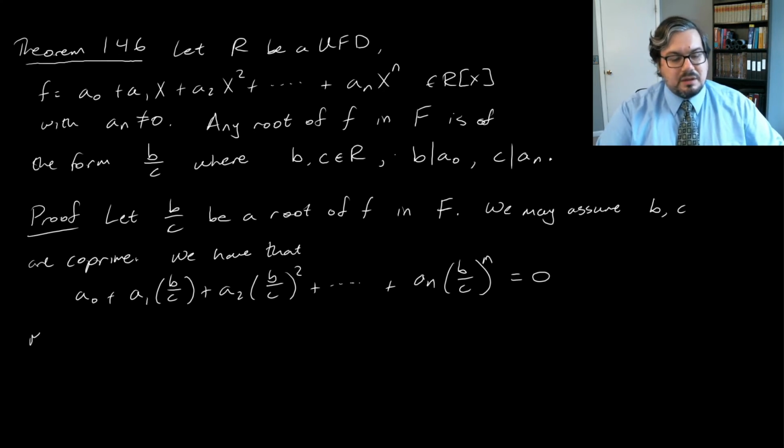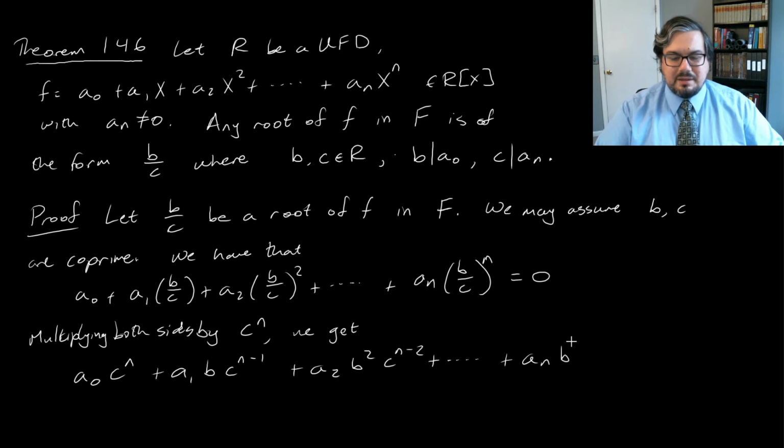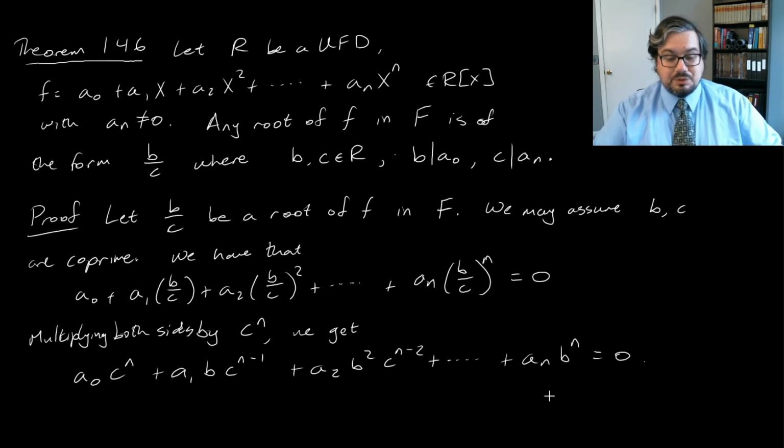So now, if we multiply both sides by c to the n, we get that a0 times c to the n plus a1 b times c to the n minus 1 plus a2 b squared c to the n minus 2, etc., plus an b to the n equals 0.